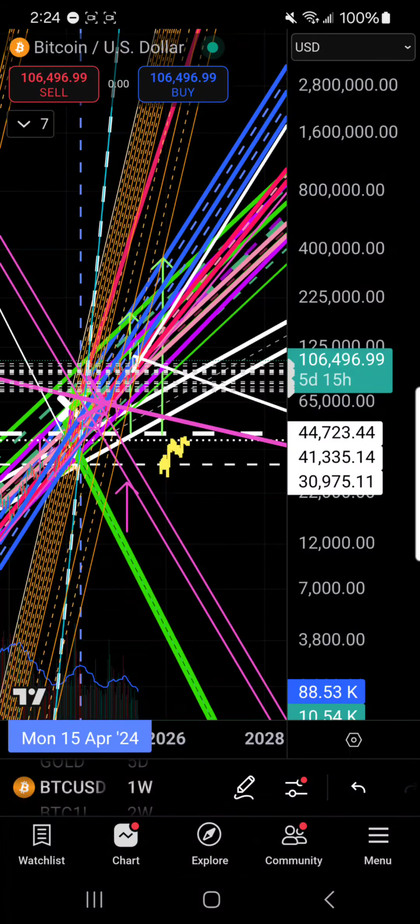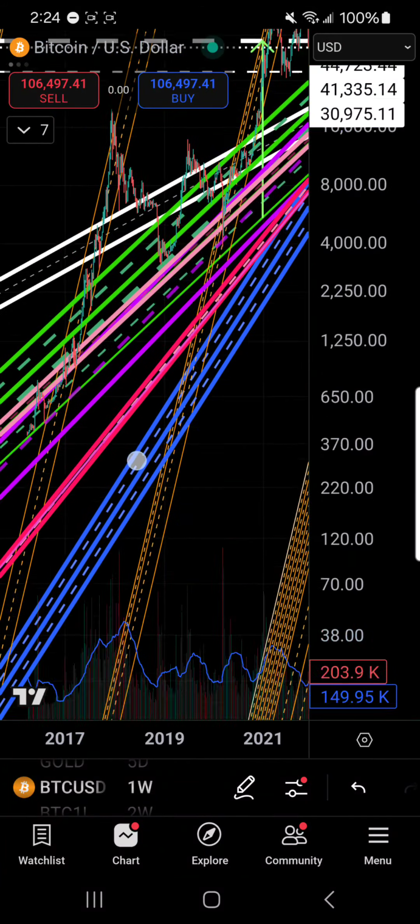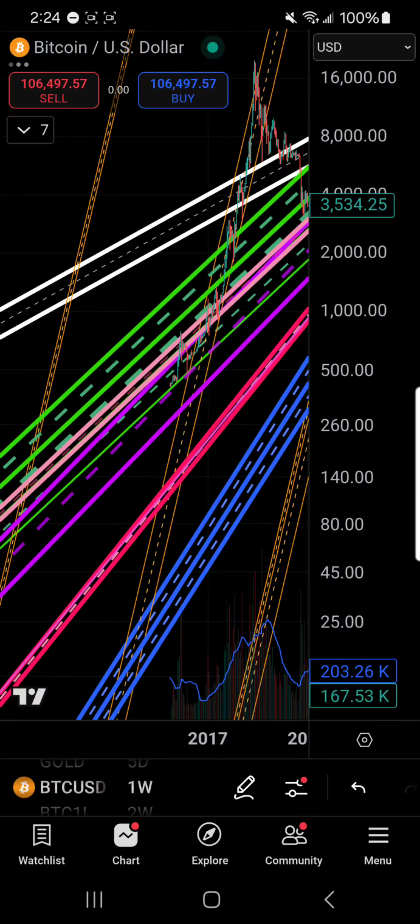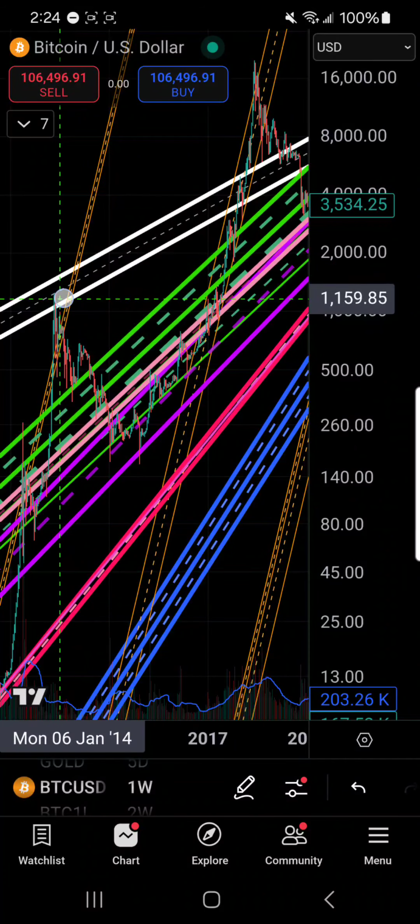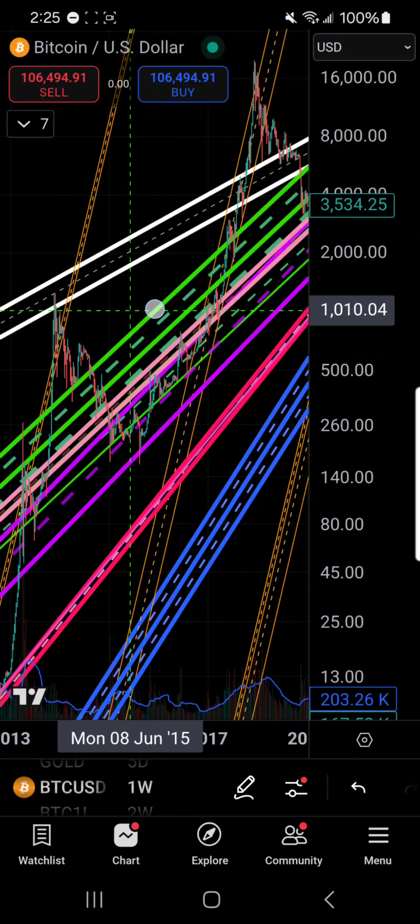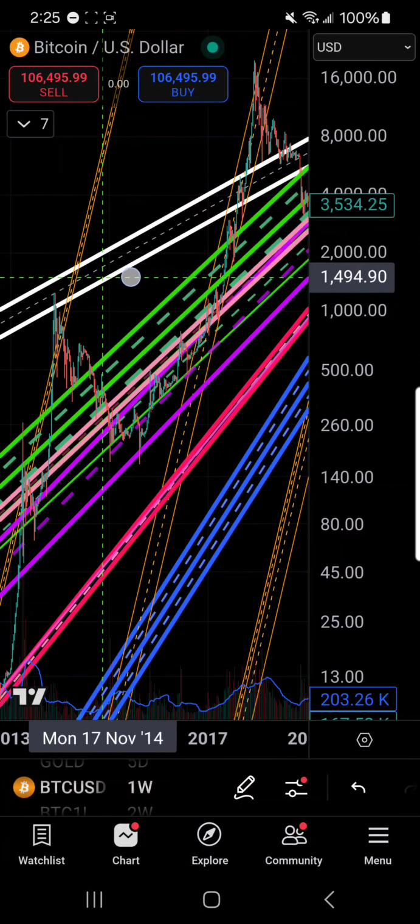And you know what? I'll stay zoomed out so you can see back here in time. There's a white channel, which comes back to this point in 2013. The center line of the channel starts there at that high.